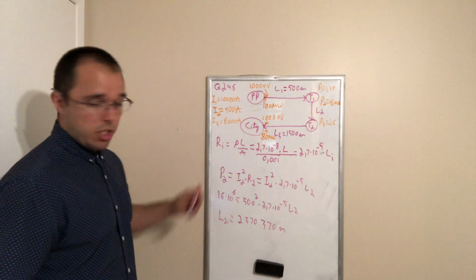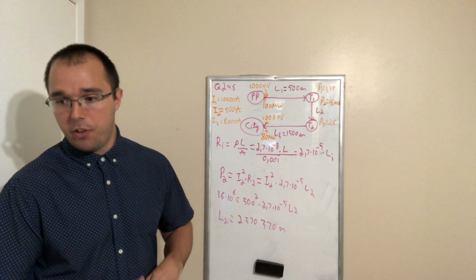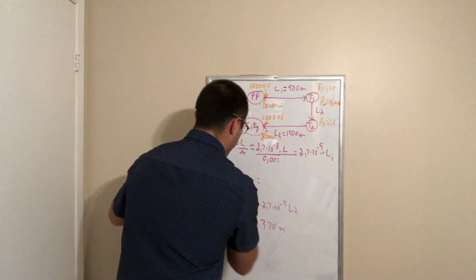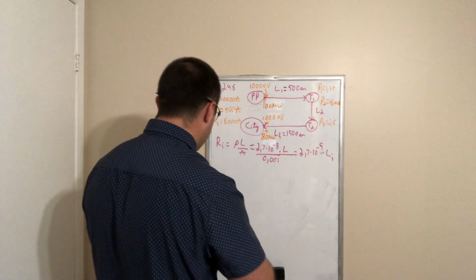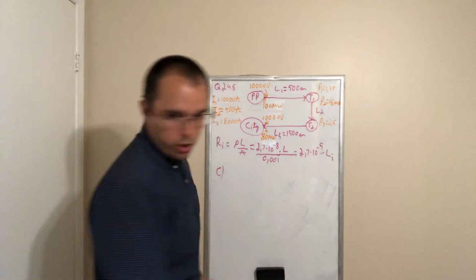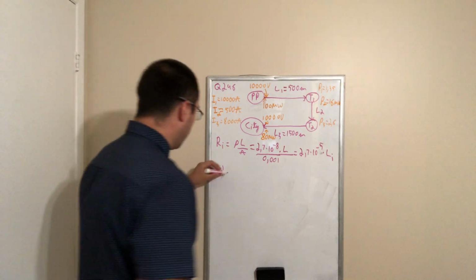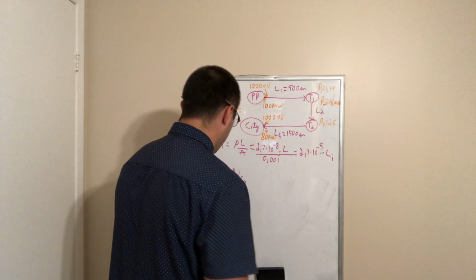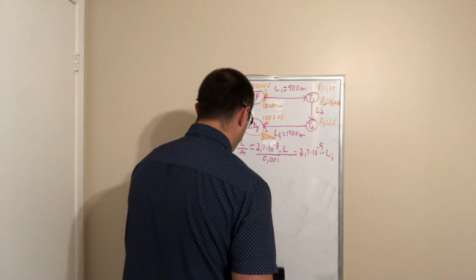All right, so we just found part B. Now we need to find the ratio of the number of turns for T2. That one is going to be way easier. So for part C, we're looking for NS2 divided by NP2.